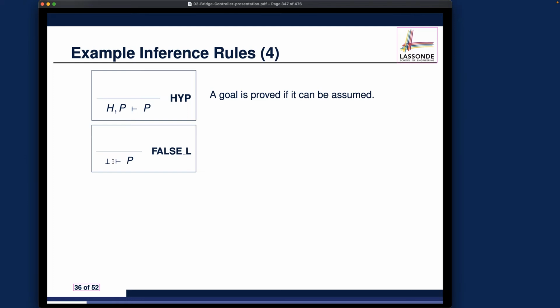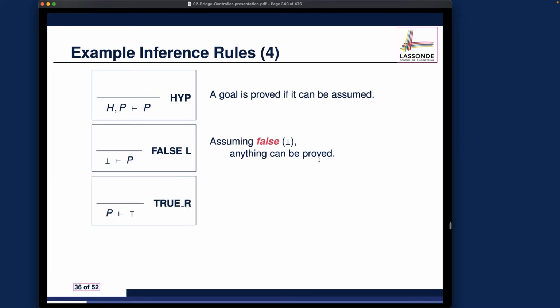You can see the false appears to the left of the turnstile, which is why it's called false on left. Just understand the naming for the rule. Here we are saying that if we assume false, remember the formal meaning of turnstile, it simply means implication. So we basically got false implies P, which is always true. So there's nothing else to prove. Assuming false, anything can be proved.